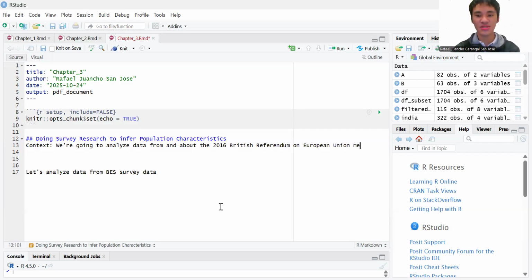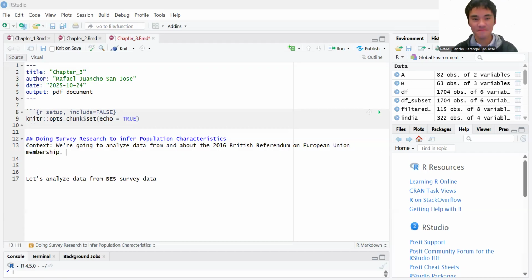Now, what in the world did I just say? Let me break it down. In simplest terms, we have British voters, and all of them were asked to make a decision on whether the UK should stay or leave the EU.